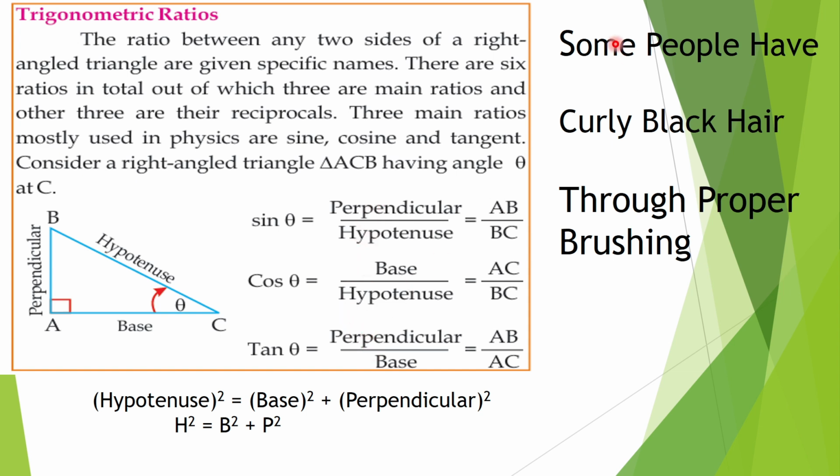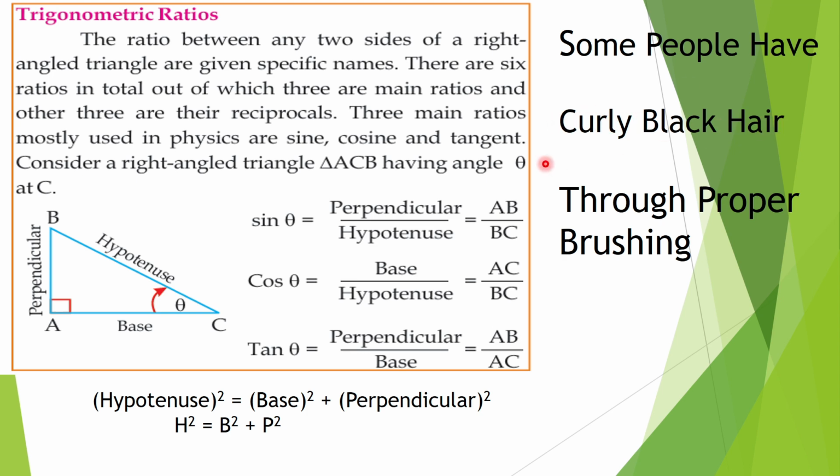Let's see. Some people have curly black hair through proper brushing. Now look over here. Some means sine theta, people means perpendicular, have means hypotenuse. So sine theta equals perpendicular upon hypotenuse.